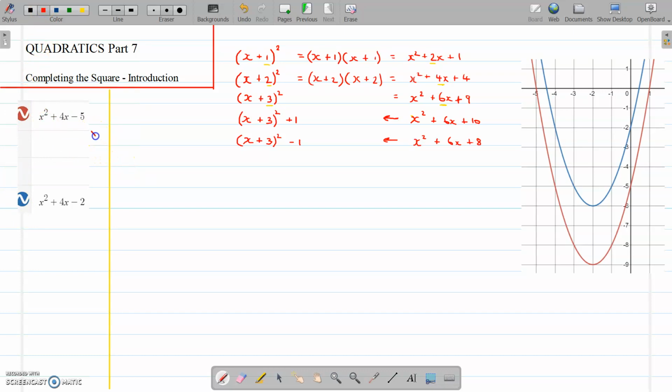Looking at this equation here, I'm going to do similar to what I did here. I'm going to look at the x term and halve it, because that went from 6 down to 3. So this is going to go from 4 down to 2. And I'm going to consider what I would get if I did x plus 2 all squared.